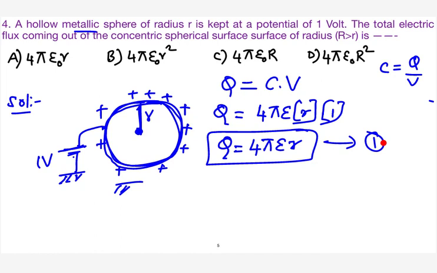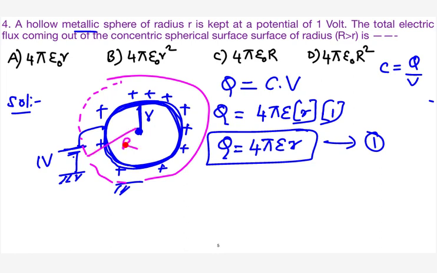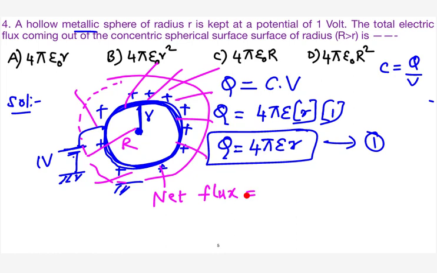Now what has he done? This conducting sphere is enclosed with another conducting sphere of radius capital R. Using Gauss law, how much flux will be coming out of that surface now? What does Gauss law say? If we enclose any conductor with an outer conductor, the amount of flux leaving the outer conductor is exactly equal to the charge present inside it.